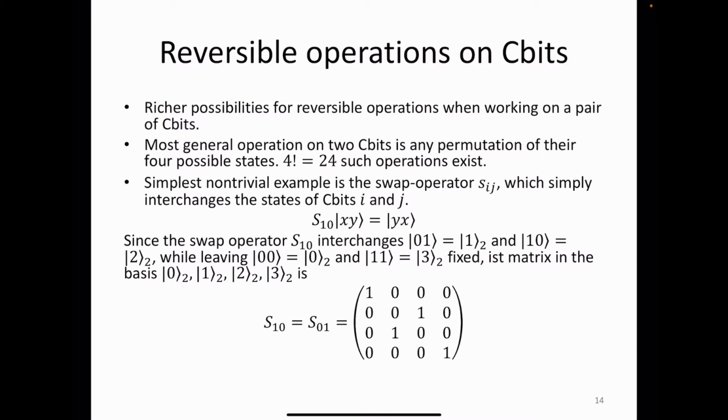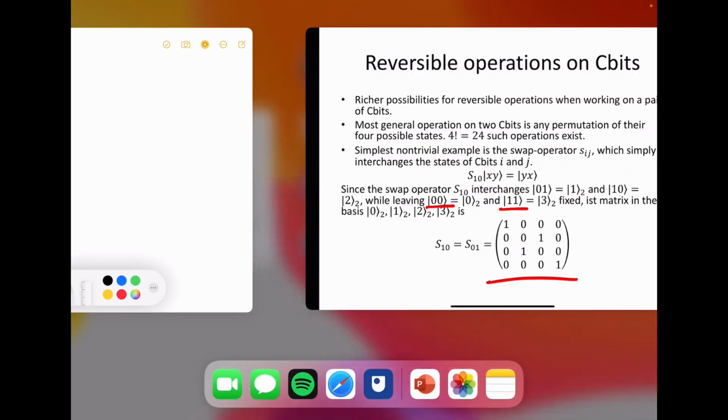It is given by the matrix that you see here on the bottom, and what it does is it interchanges the state 0, 1 to 1, 0 and vice versa, but it leaves the states 0, 0 and 1, 1 alone. So let's see how we get to that operator.